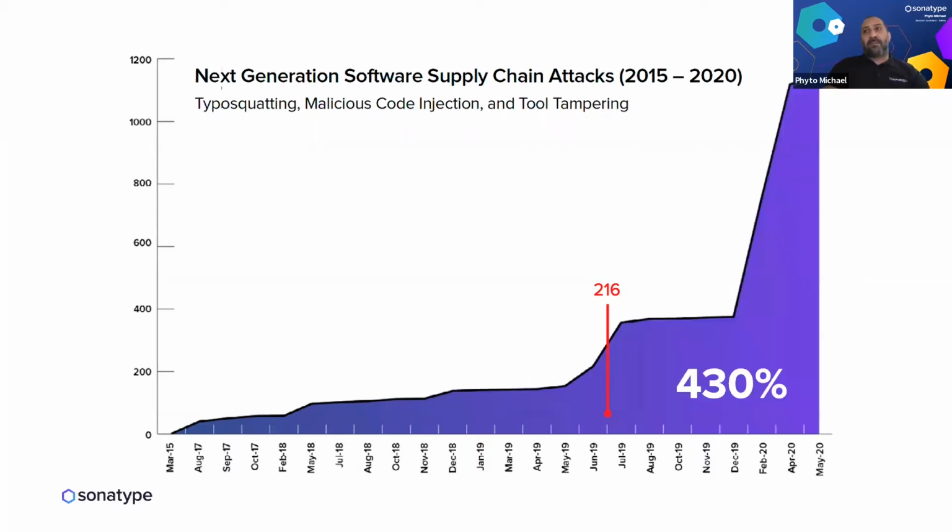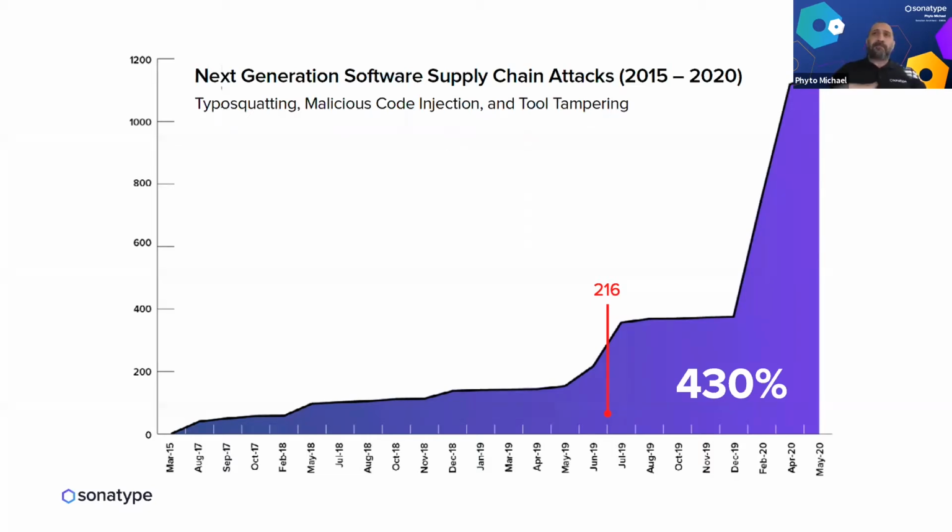That changed from July 2019 to currently today, with a 430% increase in attacks of these modern day vulnerability vectors.